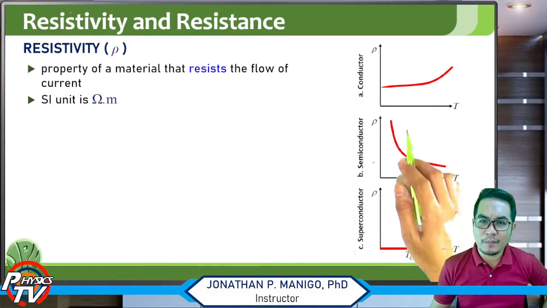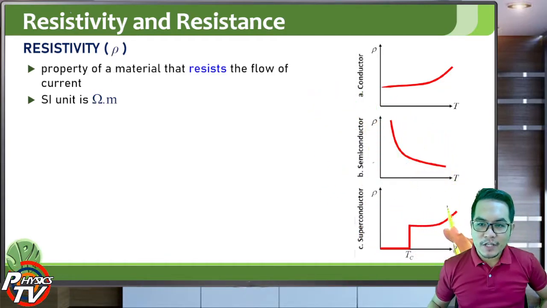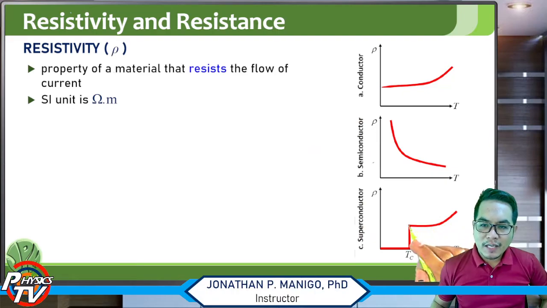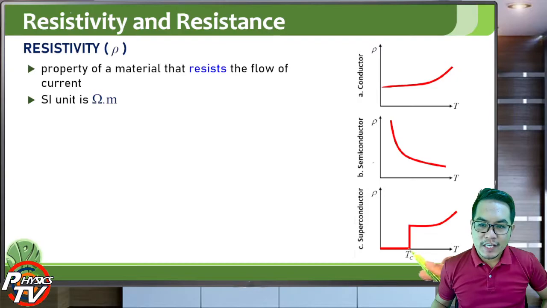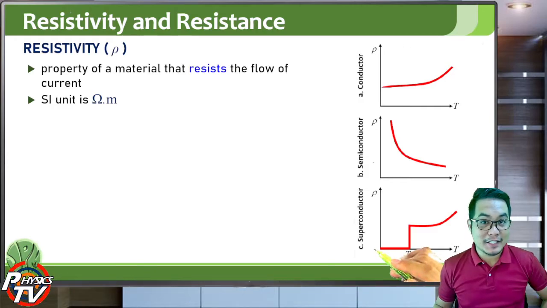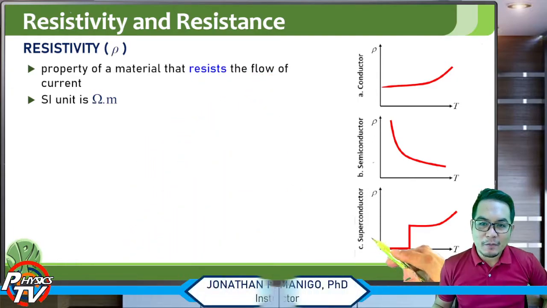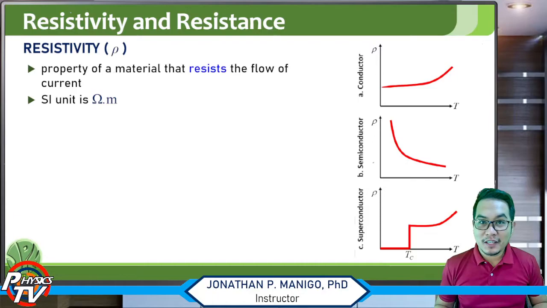There's another phenomenon for conductors wherein if you further decrease the temperature of a conductor, there will come a critical temperature at which its resistivity drops to zero. When its resistivity drops to zero, it will no longer resist any flow of current, and it becomes a superconductor.